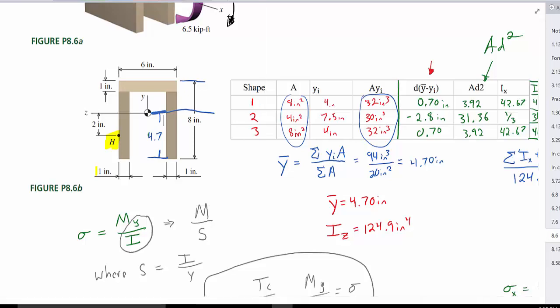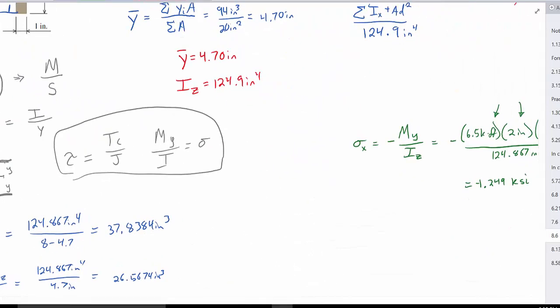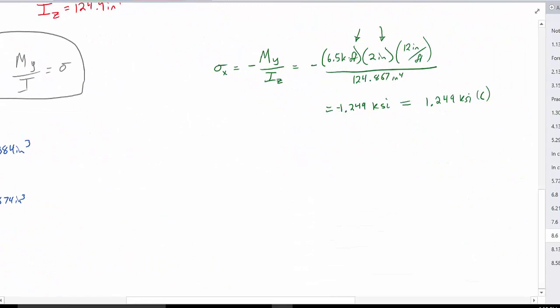So we know, just based off of algebra, from my stress formula, we can say stress max is going to equal our moment multiplied by y divided by our I sub z. And I'm going to draw an arrow.